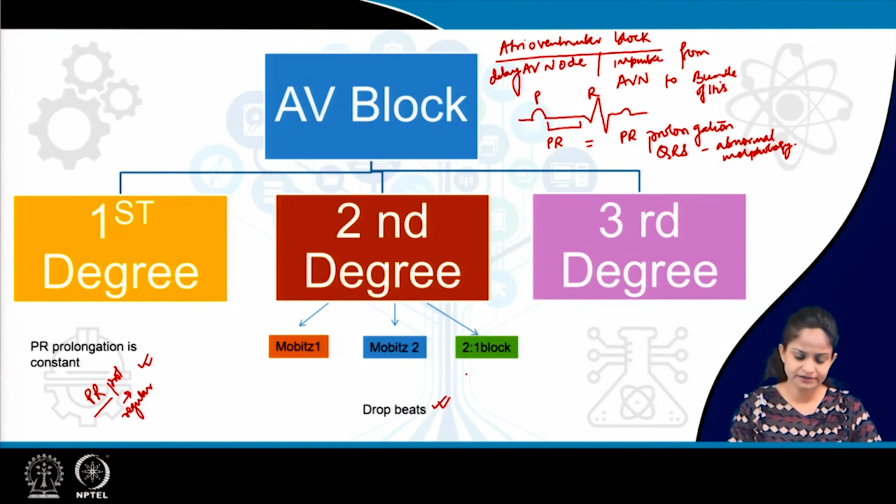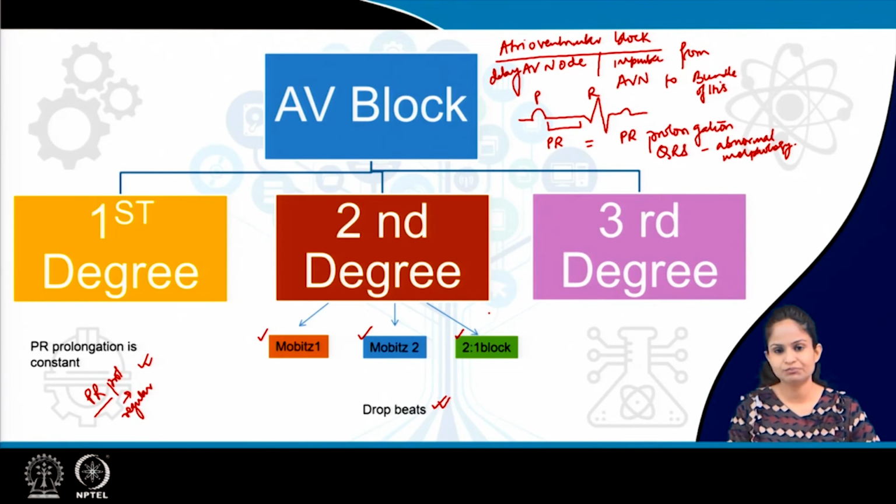Then further it is divided into Mobitz 1, Mobitz 2, 2:1 based on the number of P waves and the QRS complexes you are getting. For example, if you are getting 2 P waves and 1 QRS complex, it is 2:1. If you are getting 3 P waves and 2 QRS complexes, it is 3:2.